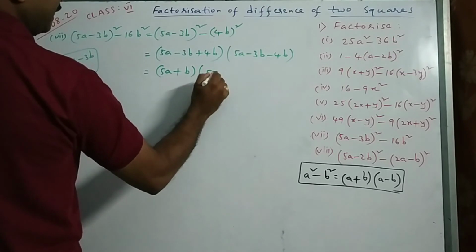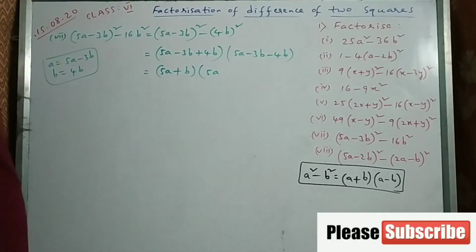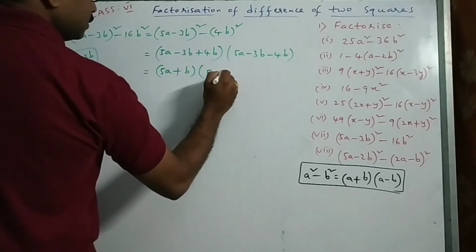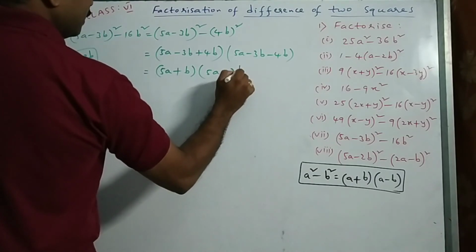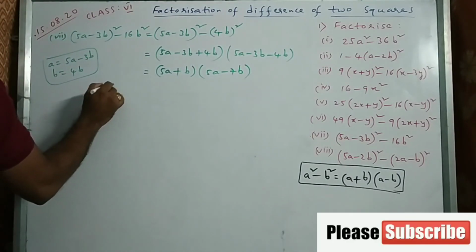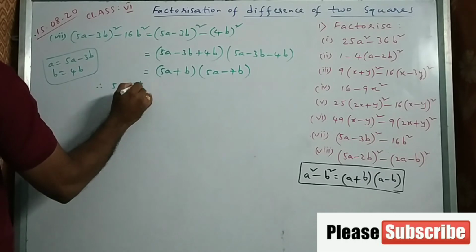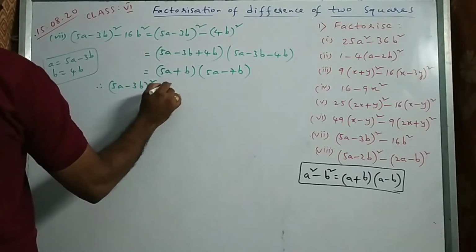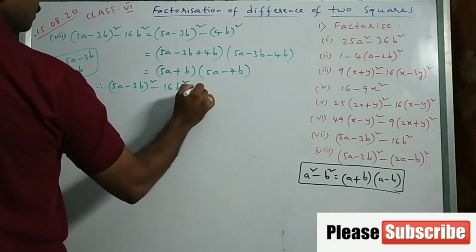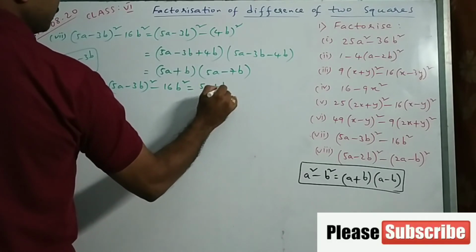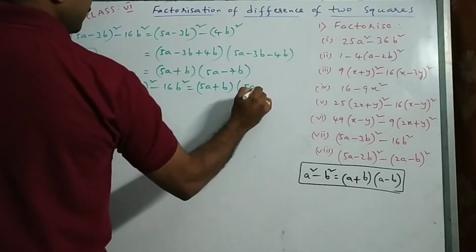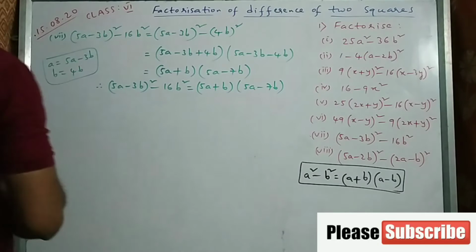Here 5a, both are negative. Negative means we have to add and write the same symbol. So minus 3b minus 4b, minus 7b. Therefore (5a minus 3b) whole square minus 16b square equals (5a plus b) into (5a minus 7b).